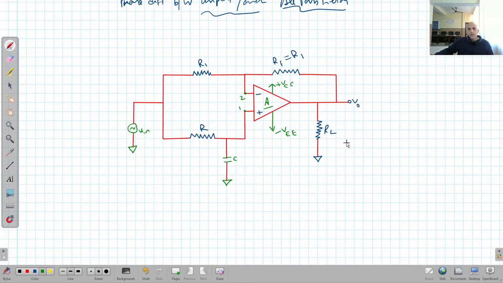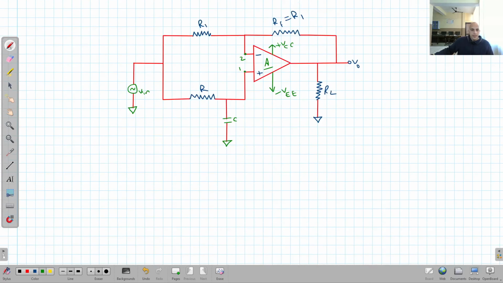Now if I look at the output, what I said earlier, then we can draw the output waveform here.